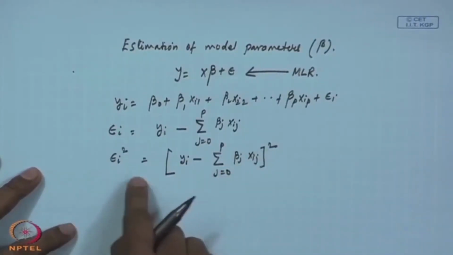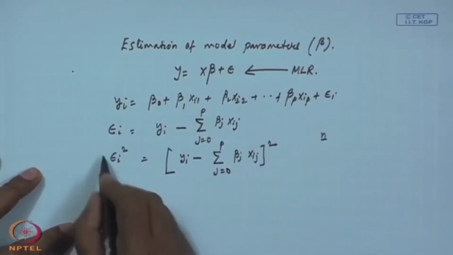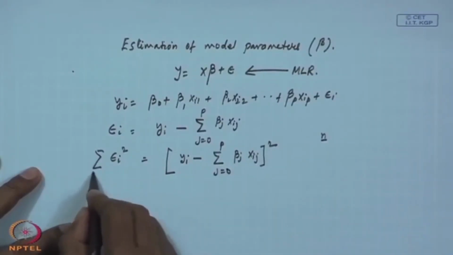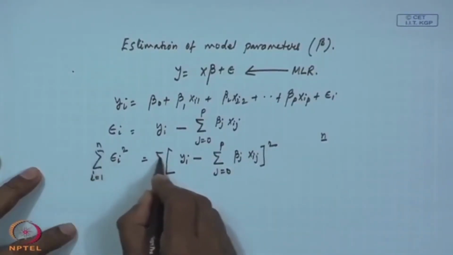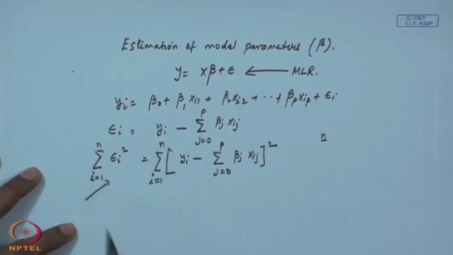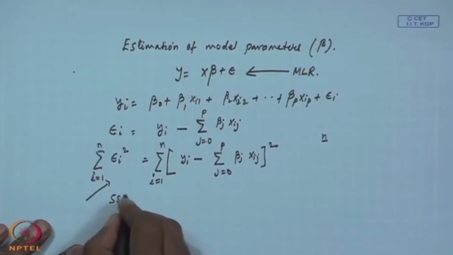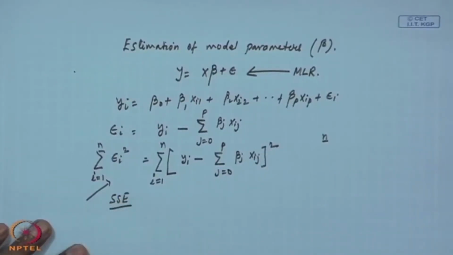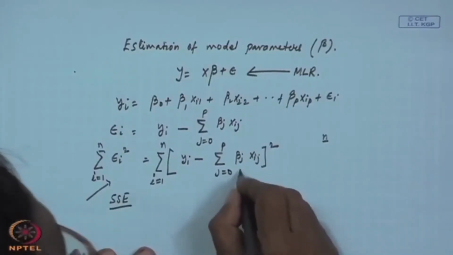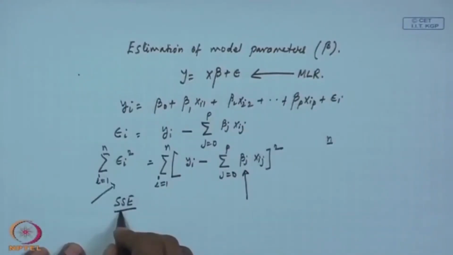This is for a particular observation, but we have n observations, so if I take the summation over n, this quantity is the sum of square errors, SSE. Now, we will choose beta j values in such a manner that SSE will be minimum.